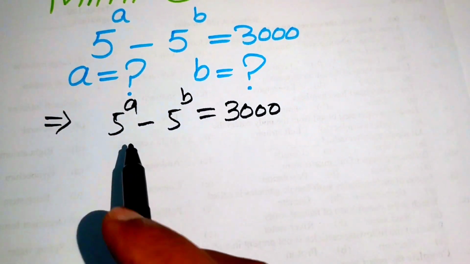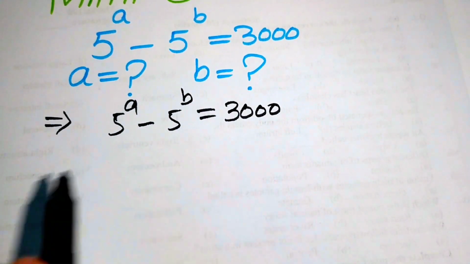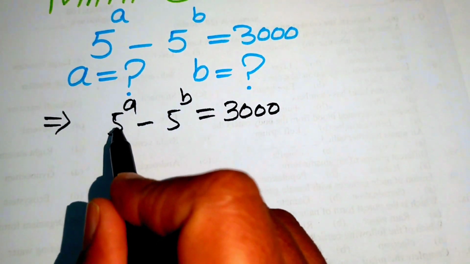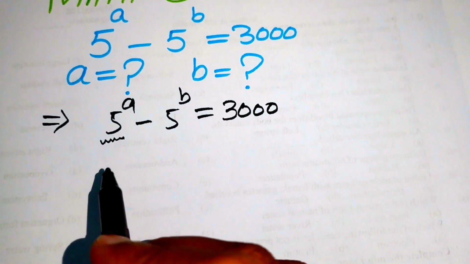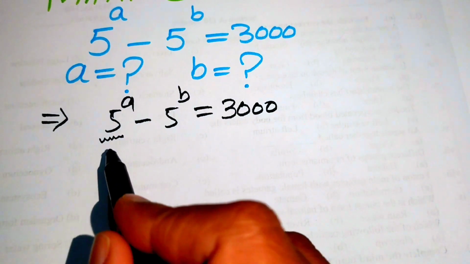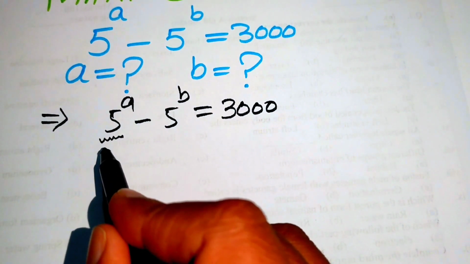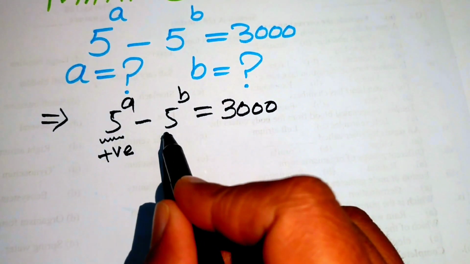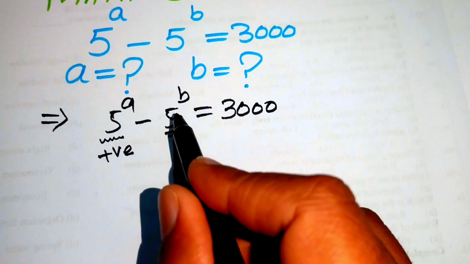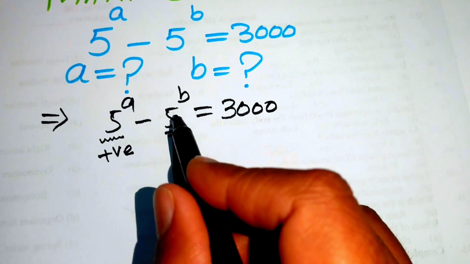So here you focus on this equation, and you know that 5 to the power of a is an exponential function, and an exponential function always gives us a positive value. So it means that 5 to the power of a is a positive value. Similarly, this term is also an exponential function.